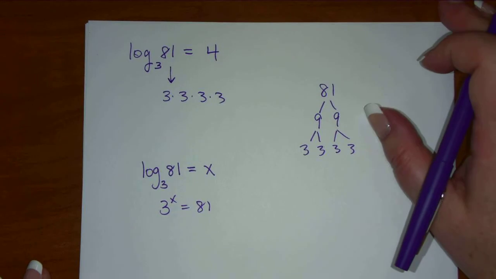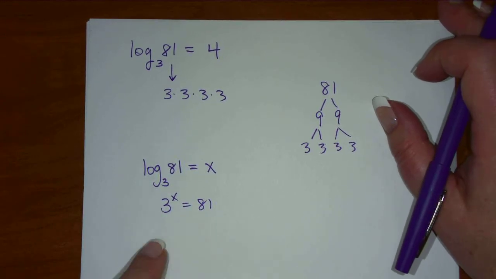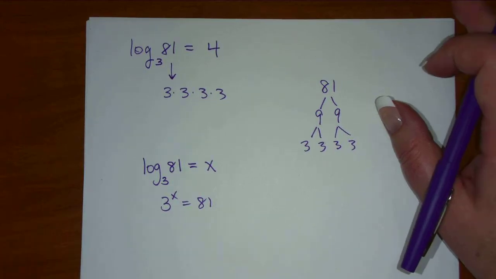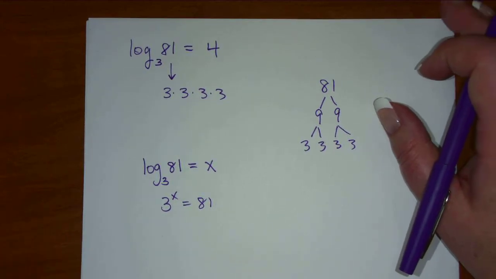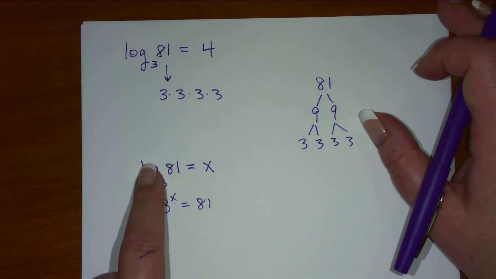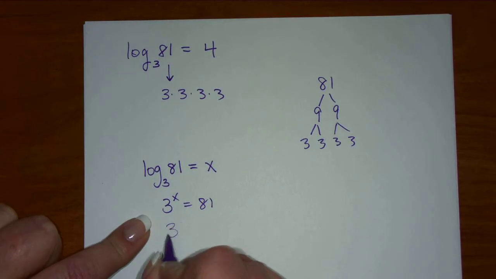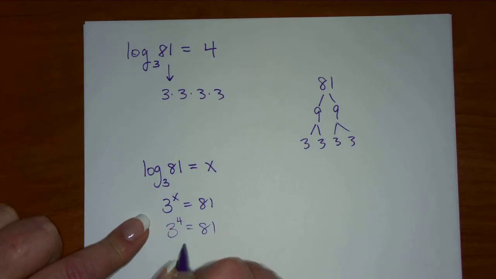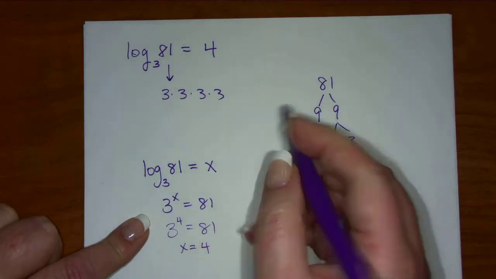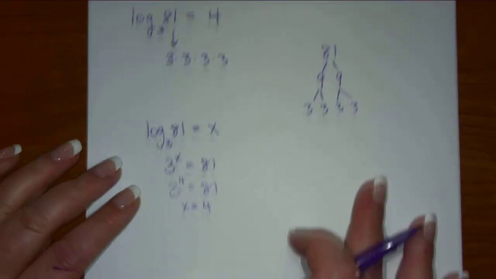But then you're memorizing a step instead of actually thinking about what you're doing. And I think that makes people sort of confused. These two relationships are the same, because we're trying to say 3 to what power equals 81? Well, x would have to be 4. So that's 4. I just don't do it that way because I don't find that as intuitive.